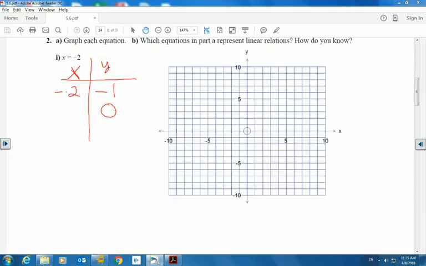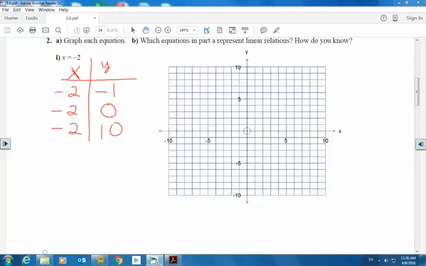What's my x value going to be? -2. What if I chose a y value of 10? What is my x value going to be? -2. Do you see a pattern here? No matter what my y value is, what is my x always?